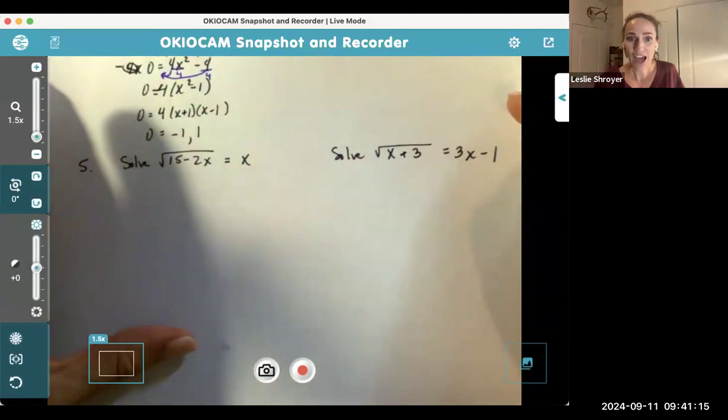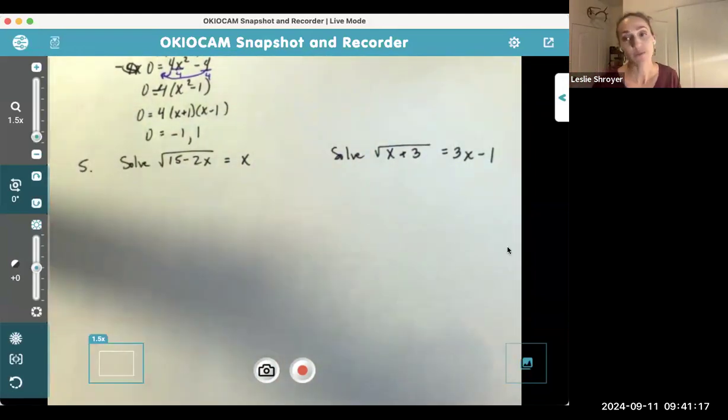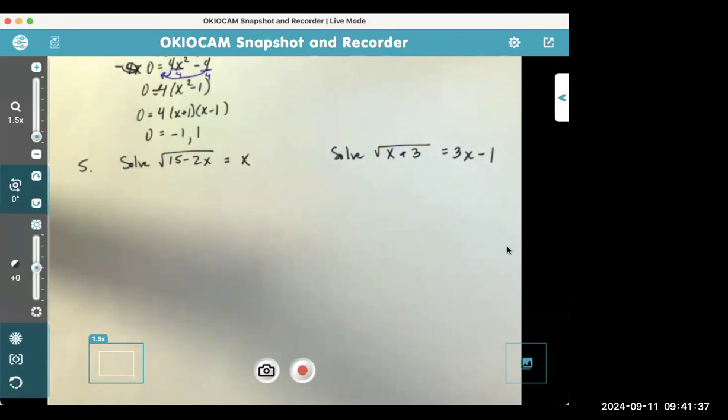So here we have the next component, which is solving equations with one square root. Going back to the first day of lecture, we're solving for x in this case. So how do we know when we are done solving? Remind me. x is on one side when it's just blank equals x.